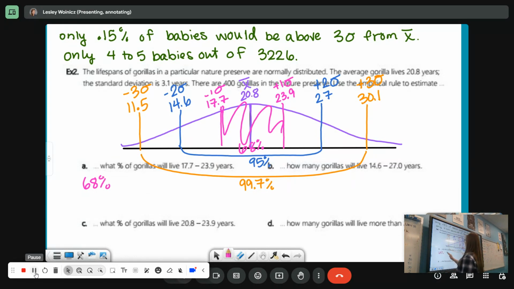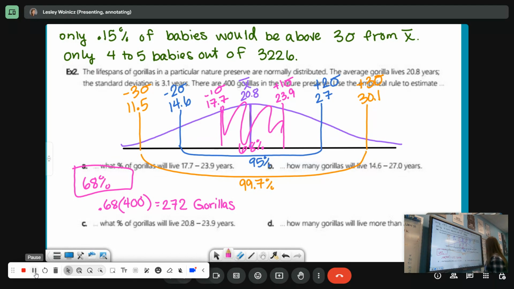If they asked us the number of gorillas, we would just do 0.68 times our 400 gorillas, which is 272 gorillas. Okay, it does ask us the percent though, so we could have just stopped there. That was the right answer.